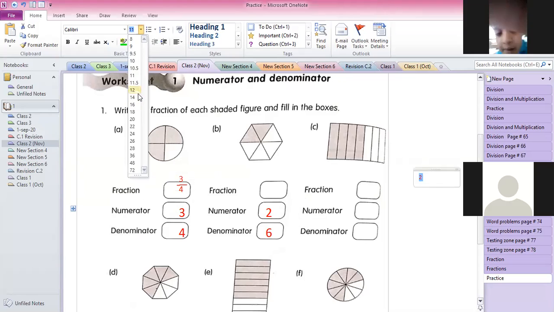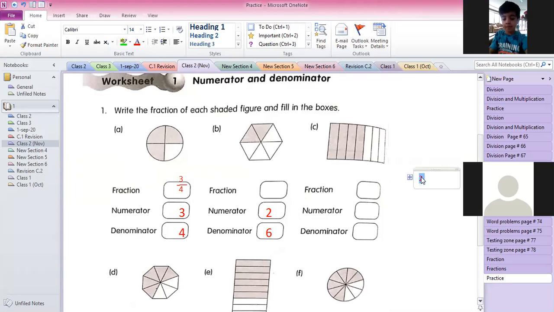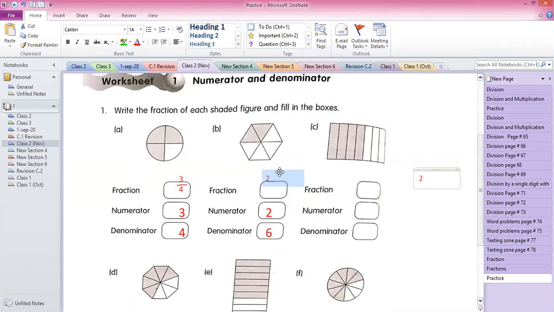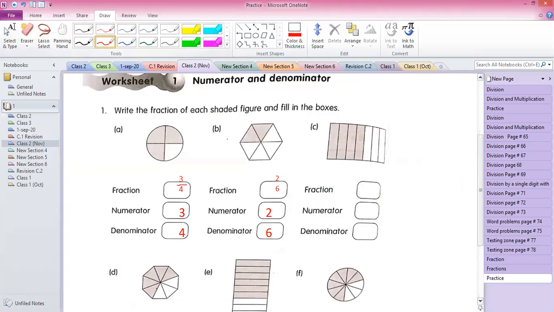I will write 2, then I will write the fraction sign: 2 up and 6 down. 2 up and 6 down, and that is a fraction sign.